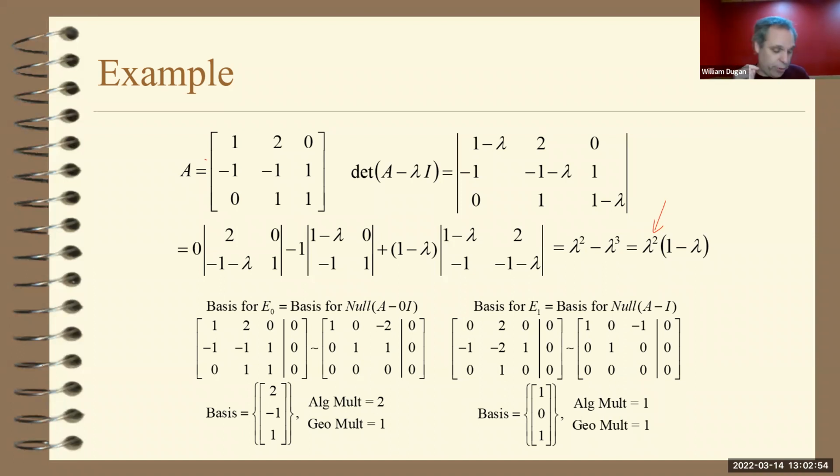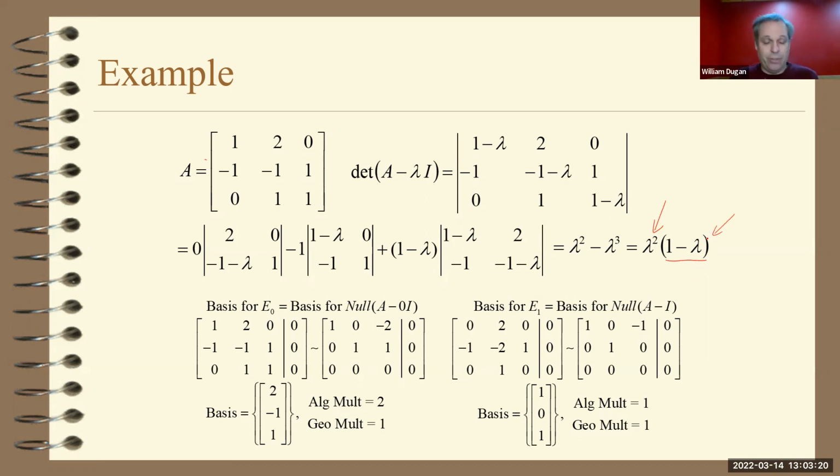Since the factor that corresponds to the eigenvalue 1, that's lambda minus 1, is actually right here, just written in the other order, the power on it right here is 1. So its algebraic multiplicity is just 1. So here for the eigenvalue 1, the algebraic and the geometric multiplicities are equal.